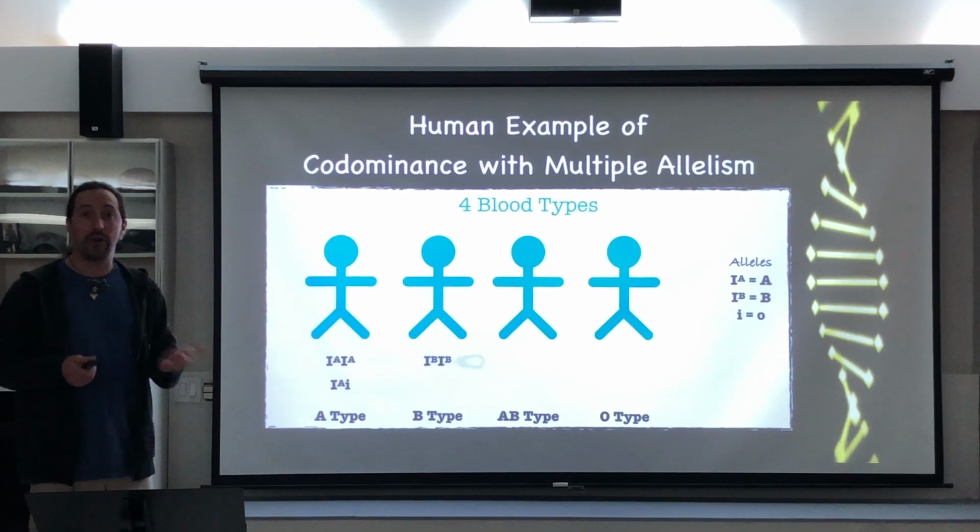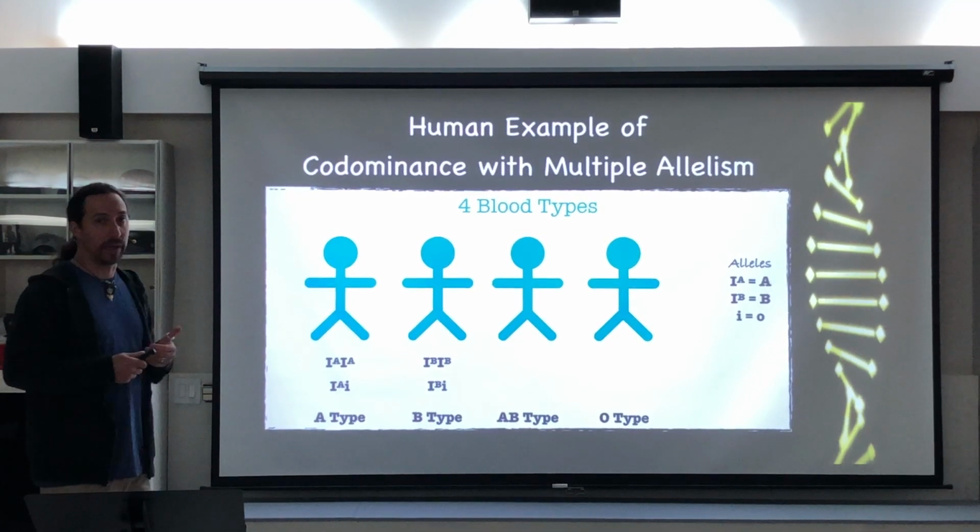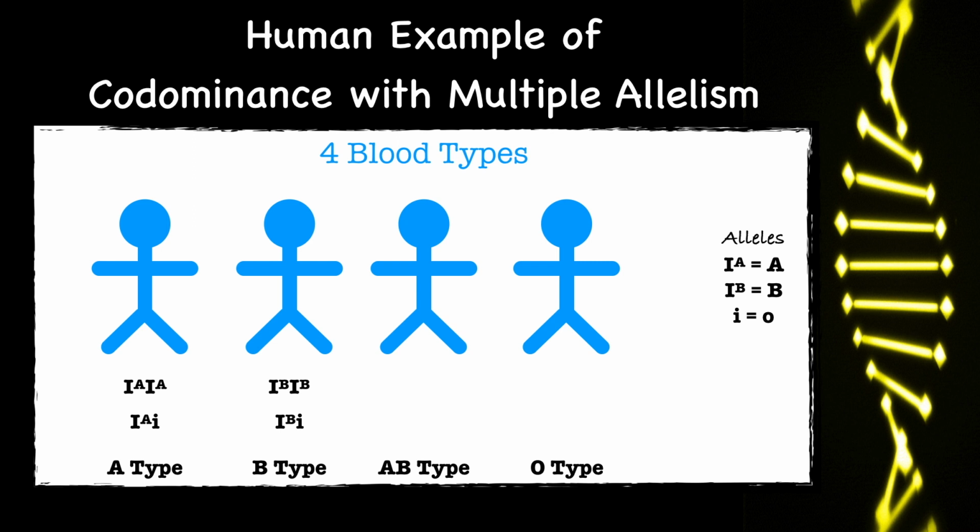B-type blood can also be homozygous for the B allele, but it can also be heterozygous with the B allele and the O allele. But if an individual has both the A and the B allele, if they're heterozygous with both the A and B, then they have type AB blood. And if they're homozygous, purely recessive with that O allele, then they have O-type blood.